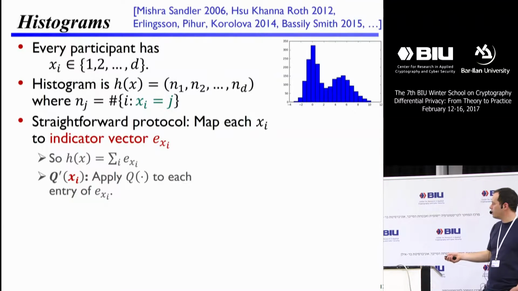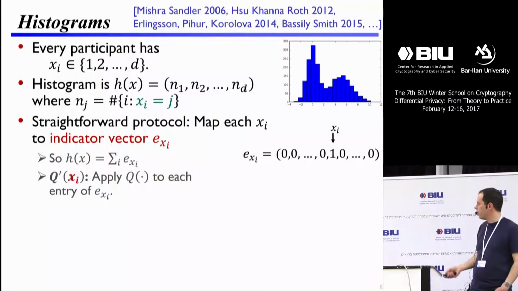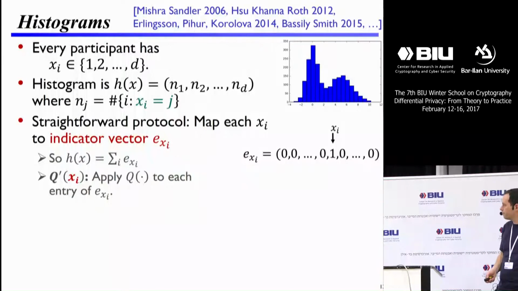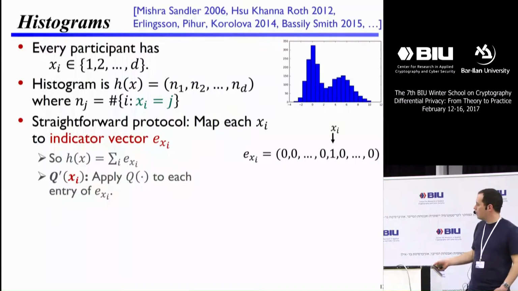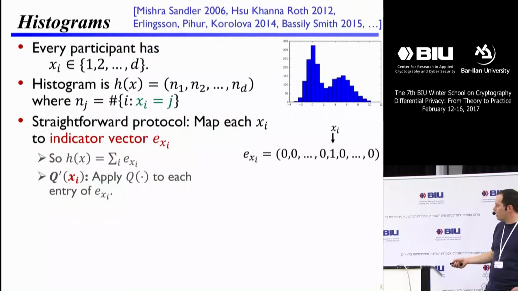So a nice way to think about this is I'm going to take each person's data x_i, and I'm going to map it to an indicator vector, e sub x_i. That's a vector of length d that has a 1 in position x_i and 0 in all other positions.